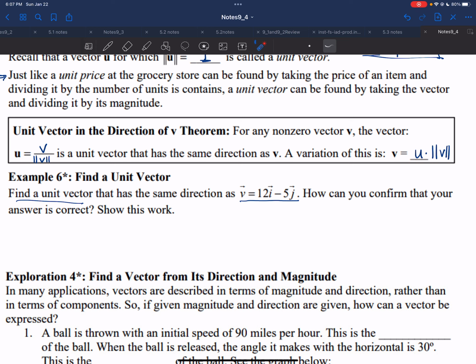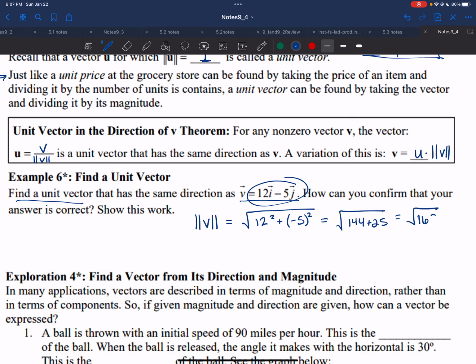Well, how do we find the magnitude, right? We take the square root. So I'm going to go ahead and find the magnitude of v. This will be the square root of 12 squared plus negative 5 squared. So that's going to be the square root of 144 plus 25, which is the square root of 169.